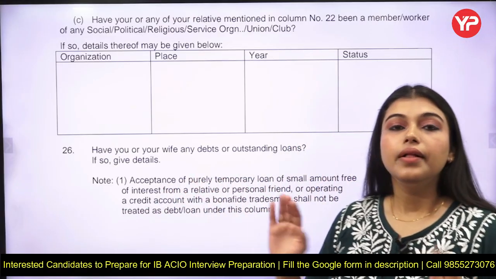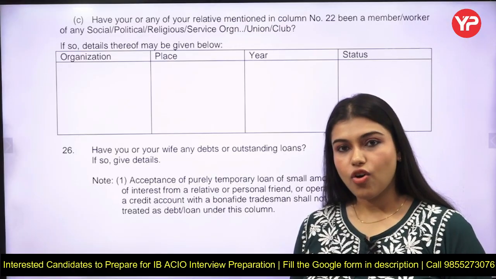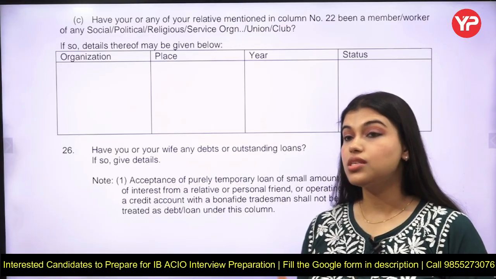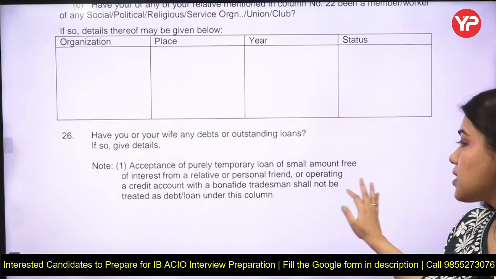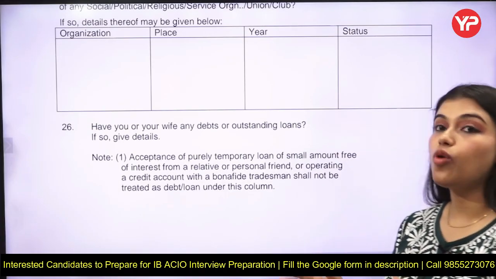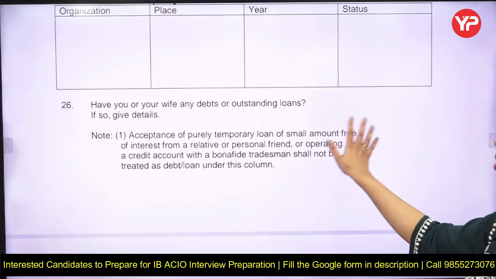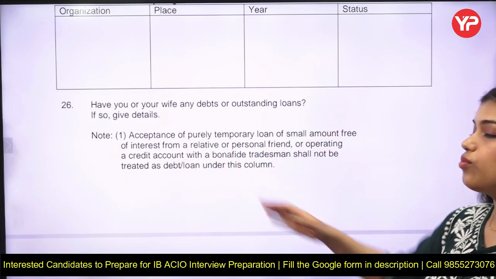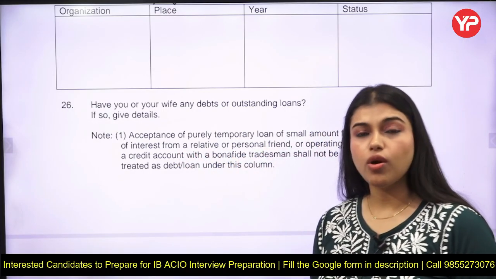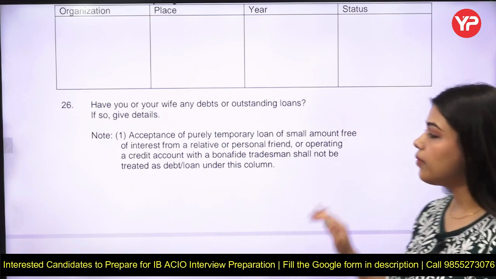Make sure it does not include loans taken by your relatives, or loans for a period of less than five or six months. It should be a proper loan. Acceptance of a purely temporary loan, or a small interest-free amount, or a small tenure, is not included here.